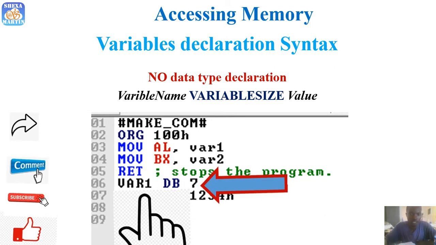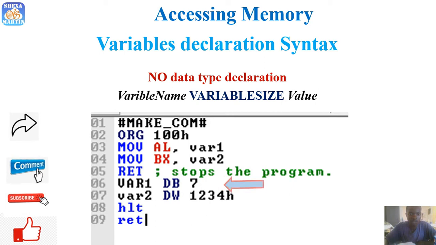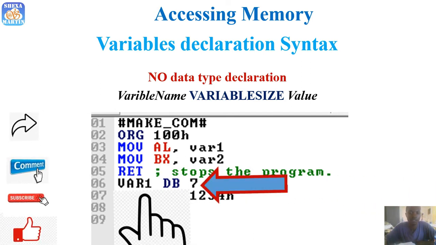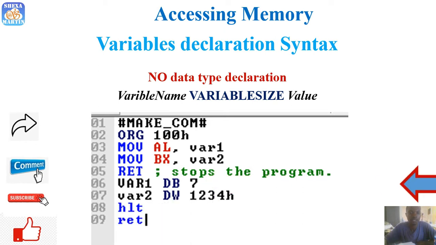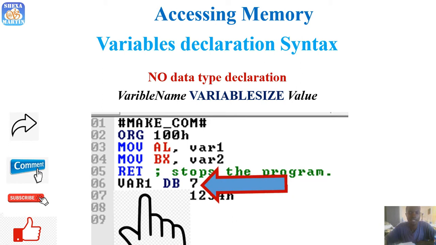Let's now look at the other variable declared within this same program, where var2 DW, it's now a word. If you can look at it, it's now a word, and it's given a hexadecimal value. The previous variable var1 was of size byte, and it was given a decimal value since it doesn't have any character appended to it.